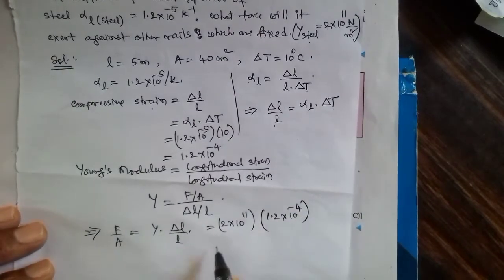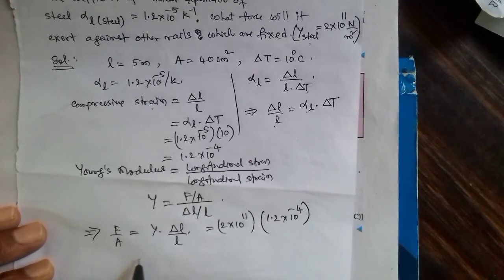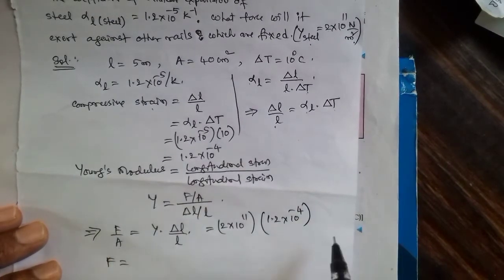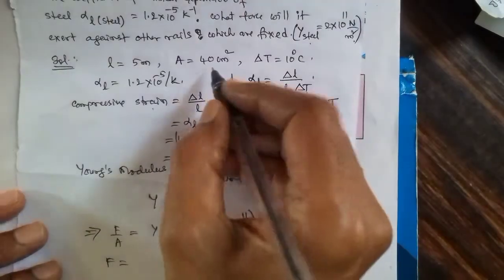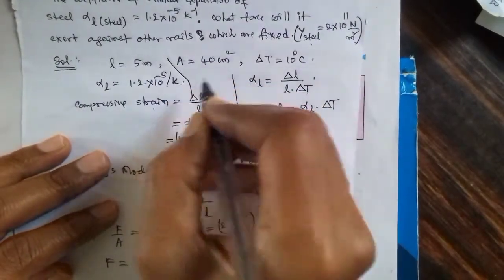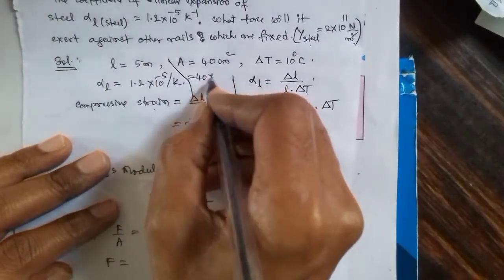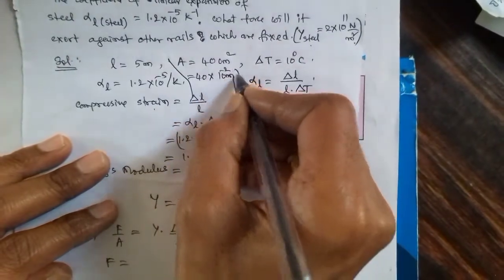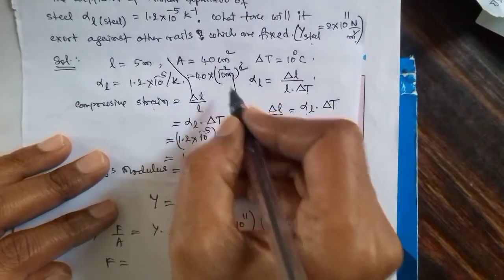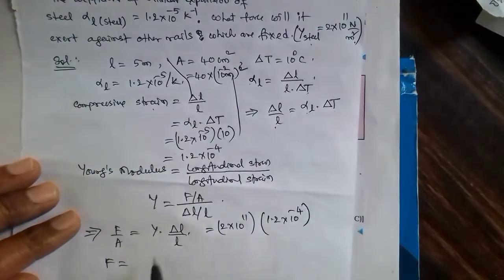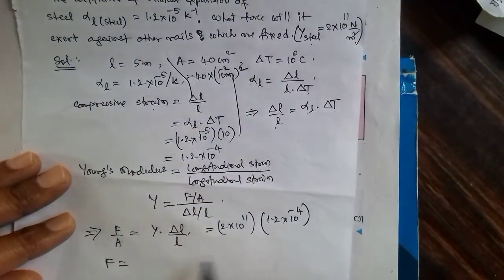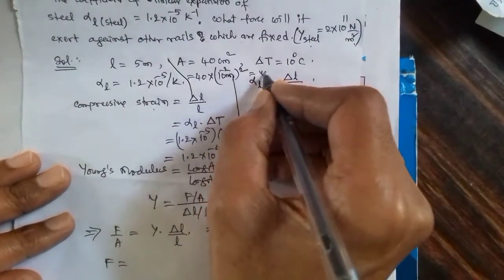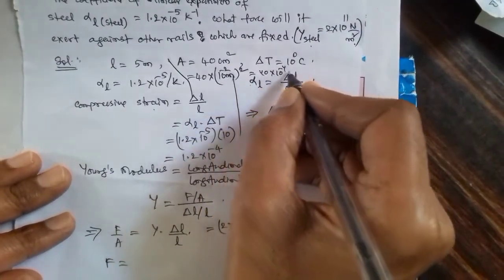Now F is equal to, take this A that side. A value is given: 40 into centi, meaning 10 power minus 2 meter, whole square. So 40 into 10 power minus 4 meter square.